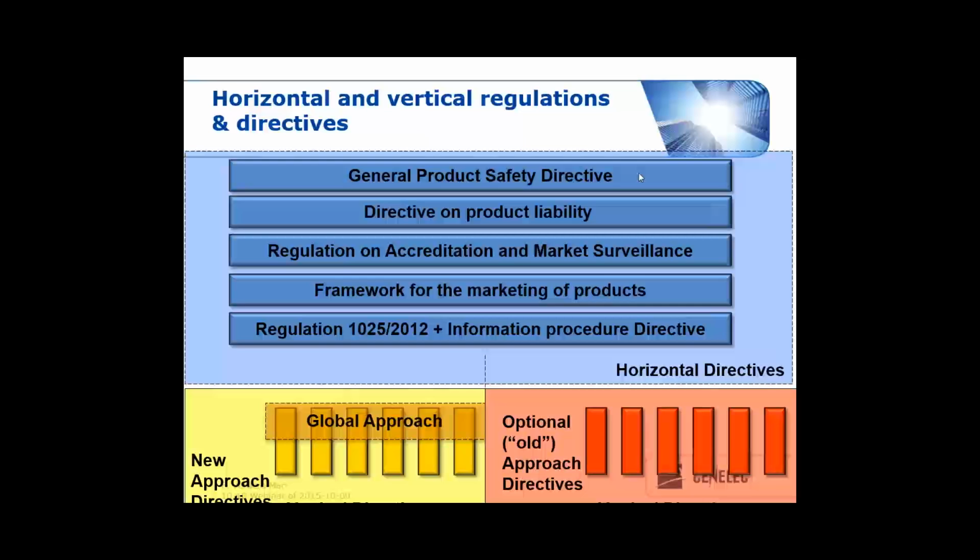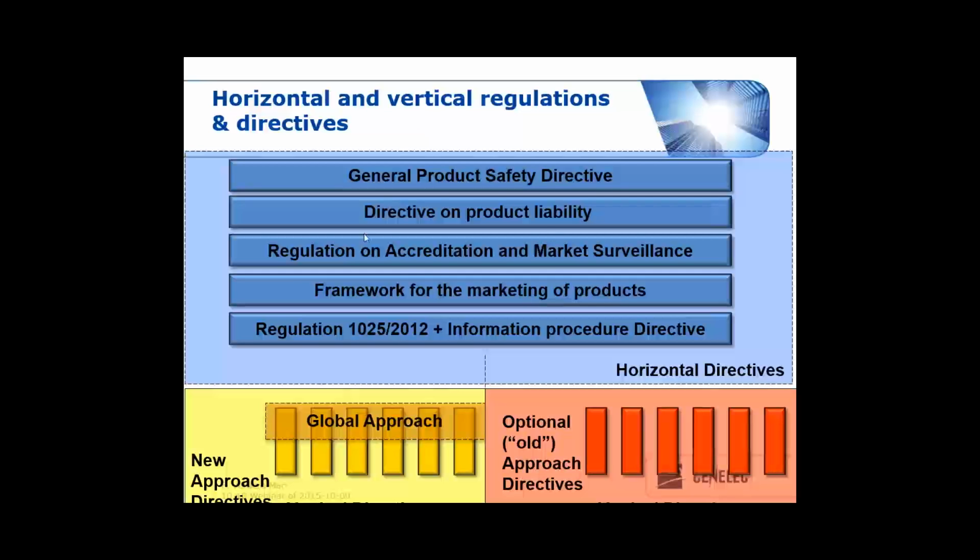So in the horizontal part, we have the General Product Safety Directive, which is covering all products for some of the aspects and some products for all the aspects covered in the General Product Safety, which essentially says that products have to be safe. We have the responsibilities, the liabilities of the manufacturers, because in the European Union, the responsibility of placing safe products relies on the manufacturer or its authorized representative.